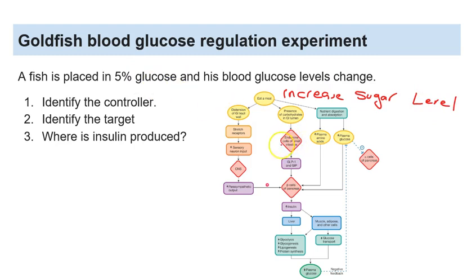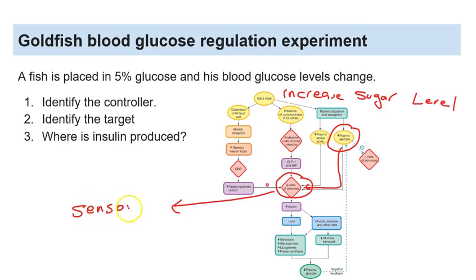What are going to be the receptors or sensors? With the plasma glucose increasing, the receptors or sensors would be the beta cells of the pancreas. The beta cells of the pancreas are also going to be the controller, because they regulate the blood glucose level from high to low.